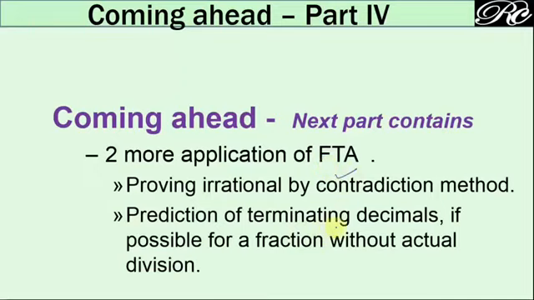And the next application is that without performing the actual division for a given fraction, we can predict whether its decimal form will be terminating or non-terminating, and it can also be predicted what the place of termination is if it is terminating. These two things we will learn in the next section.